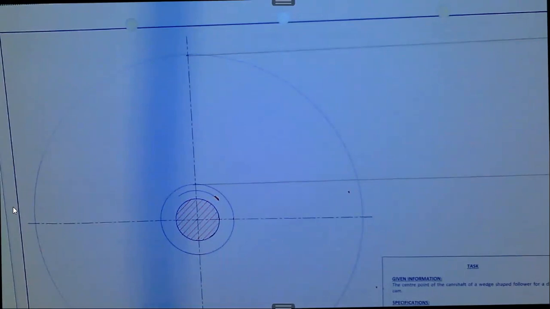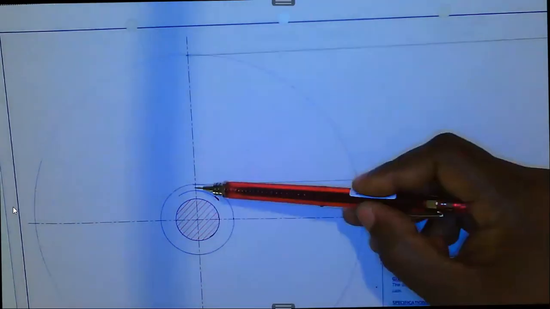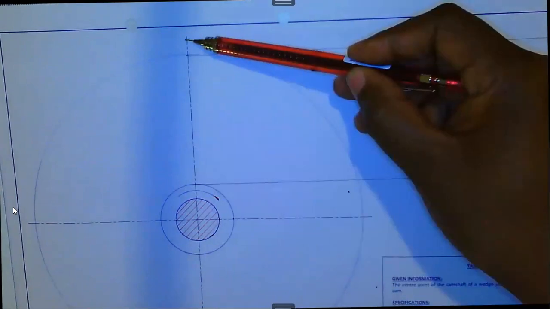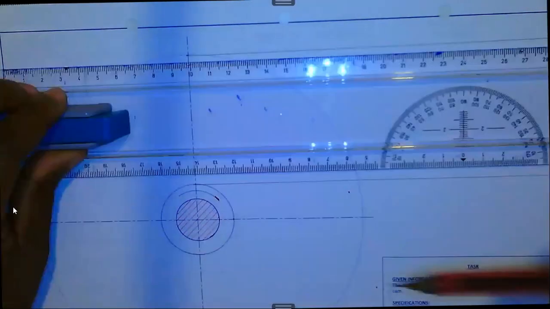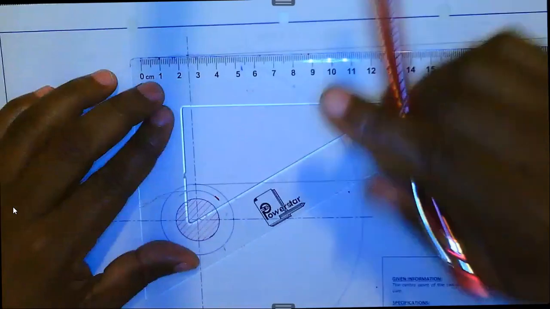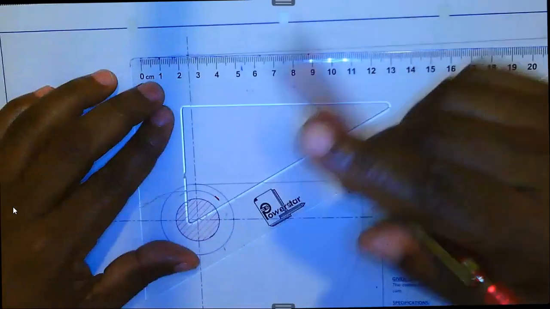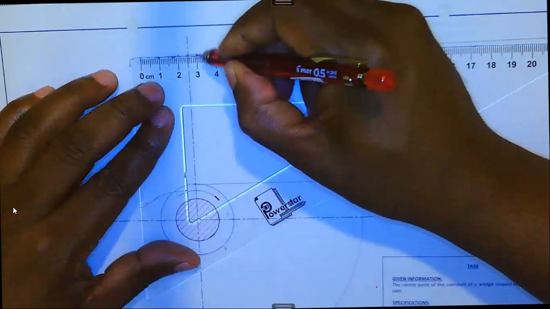Draw to scale 1:1 the wedge-shaped follower, if the starting position height of the follower is 75 millimeters and the diameter is 10 millimeters. So the height of the follower from here to there should be 75 and its diameter should be 10 millimeters. At this point, just measure 10 millimeters, 5 and 5 either side, like that.